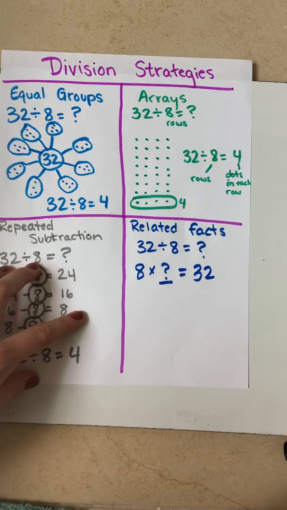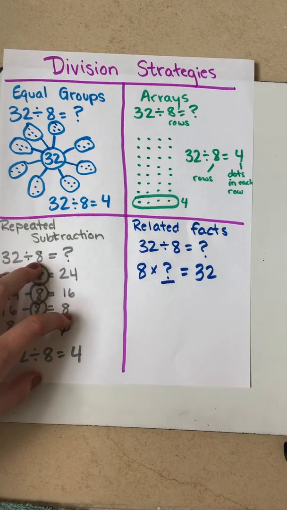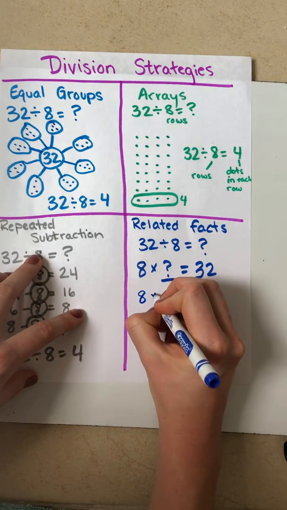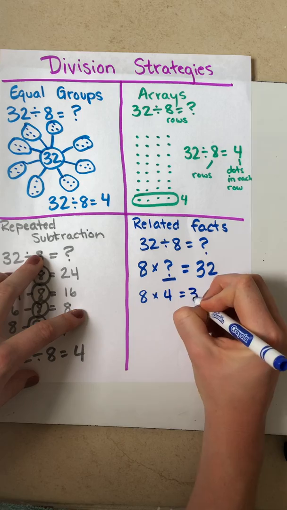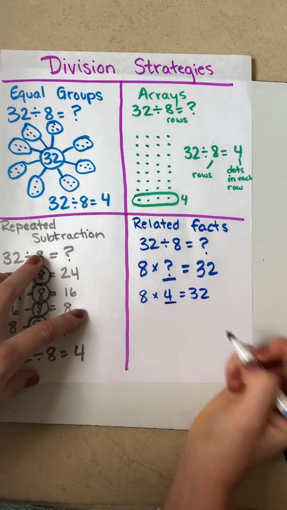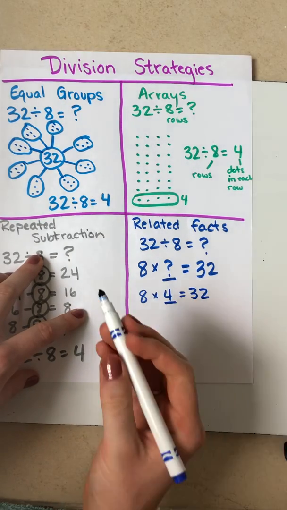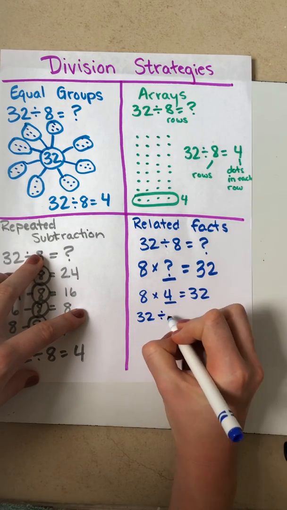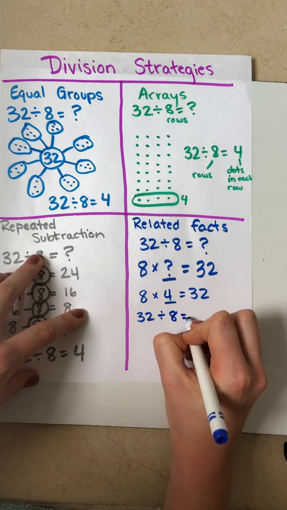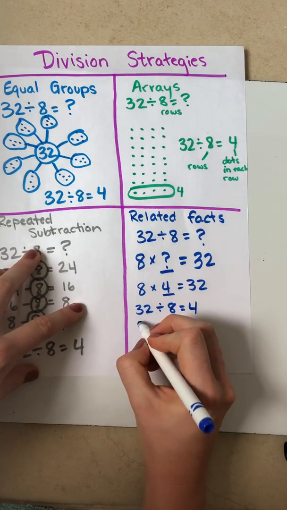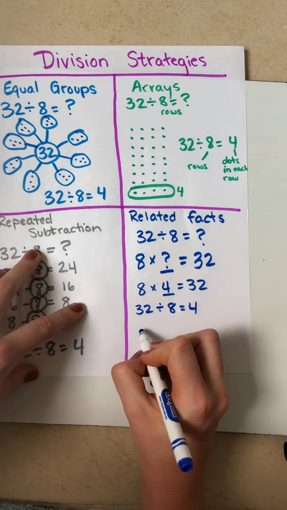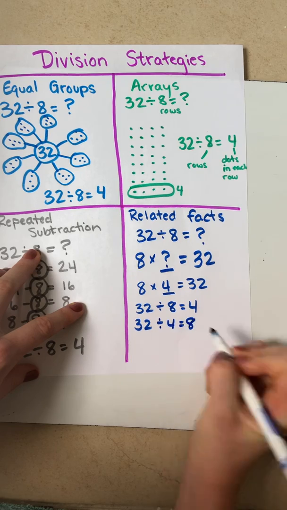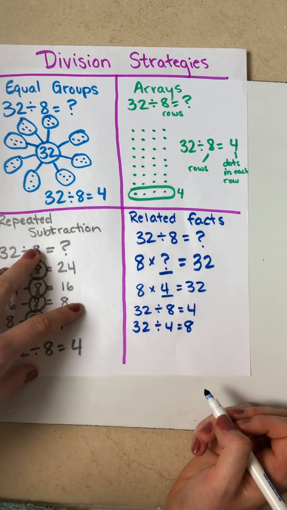So if we know our facts already, we will know that 8 times 4 equals 32, to fill in that blank, and then that helps us know that 32 divided by 8 equals 4. And it's the same thing for the other fact families, where 32 divided by 4 equals 8, relating all of those facts together.